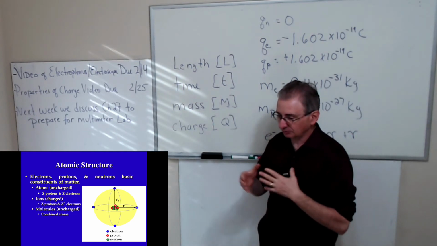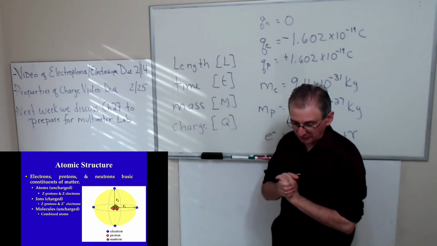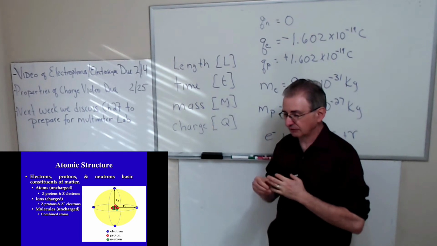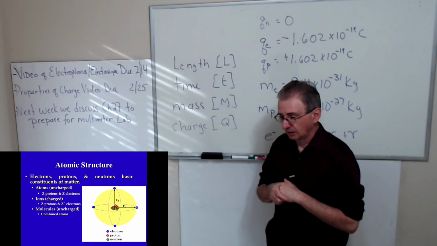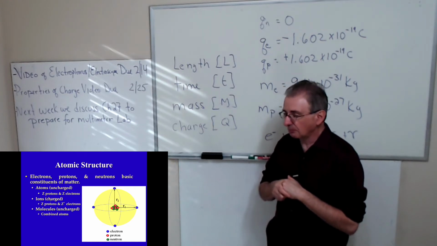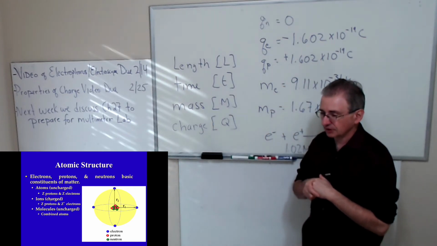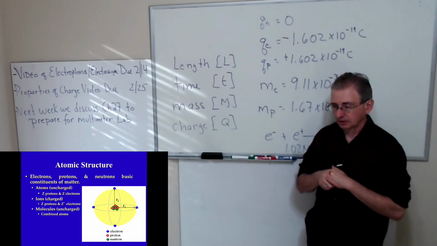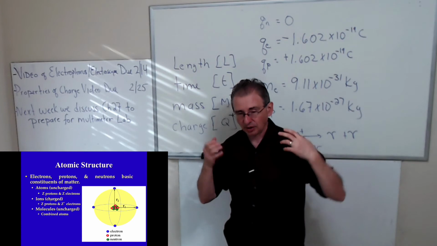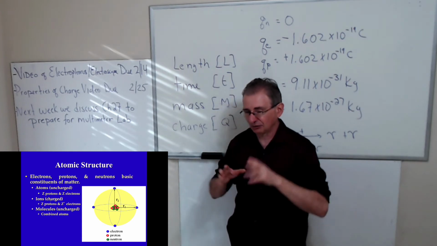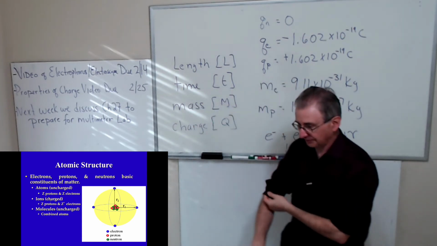Atomic structure, we can categorize in terms of atoms, ions, and molecules. And they're all made up of protons, neutrons, and electrons. Protons, neutrons, and electrons are the basic particles that make up matter. Again, let's ignore quarks and things like that, okay?